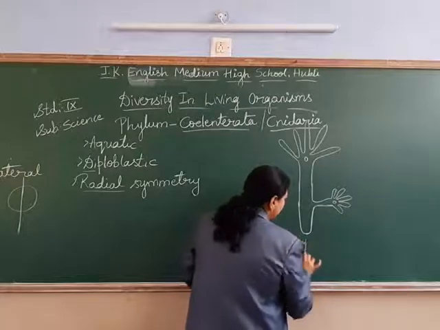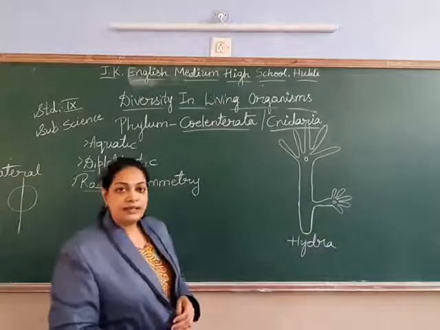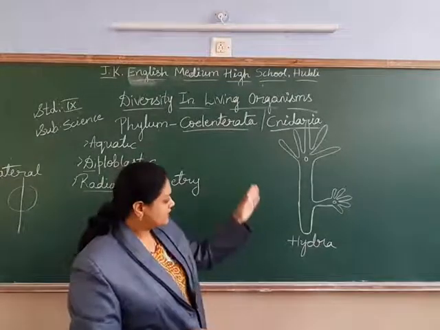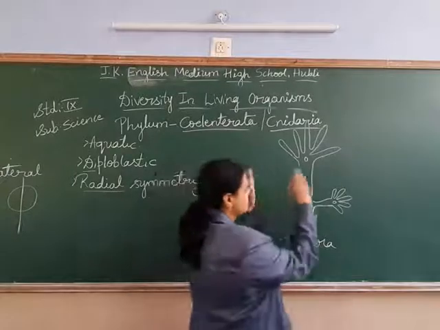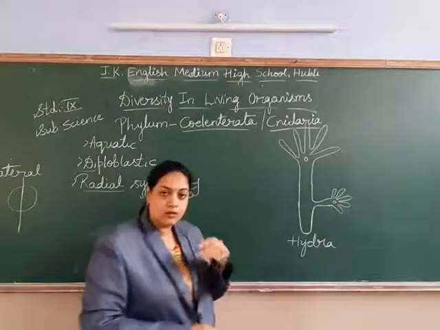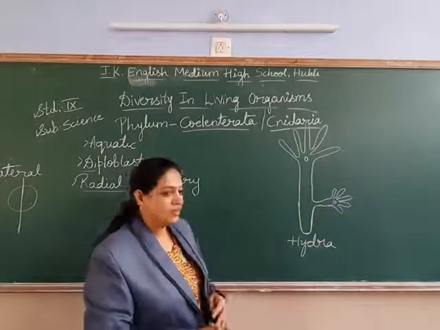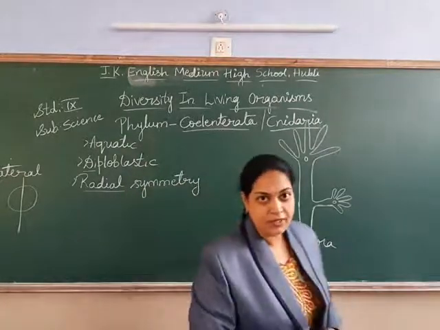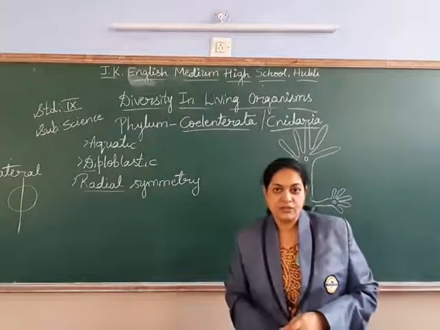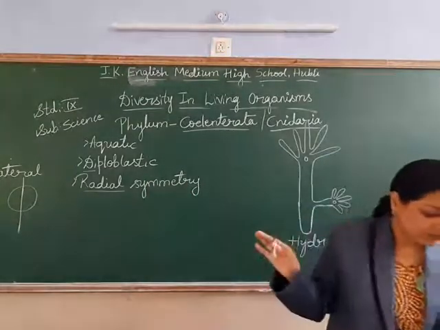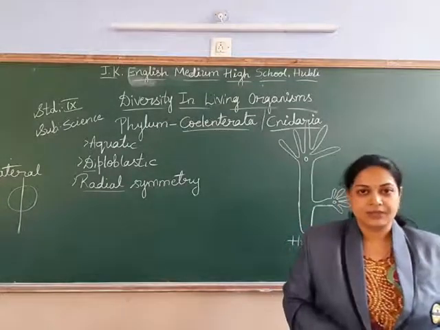This example's name is Hydra. It has radial symmetry. Means you can't expect to get 2 equal mirror-image parts. So that is the meaning of radial symmetry. Keep it in mind. A few phyla will have bilateral symmetry; in future we will discuss. For now, these have radial symmetry.